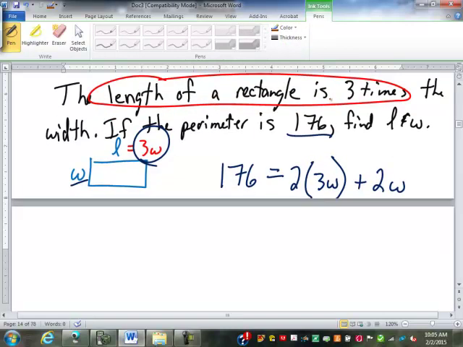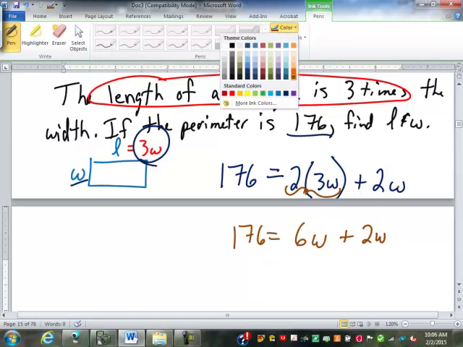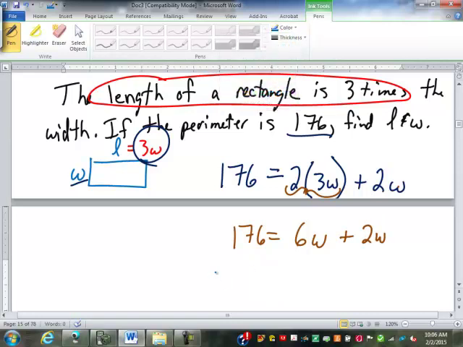So what's the first thing I have to do here? Multiplying 2 times 3W is 6W. And then the plus 2W doesn't change. What would be next? Add. The 176 doesn't change.